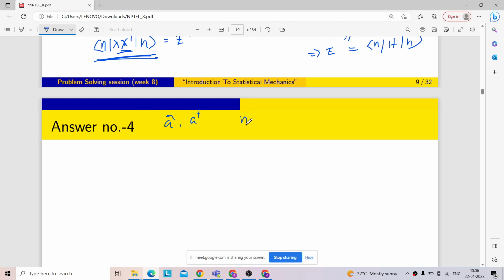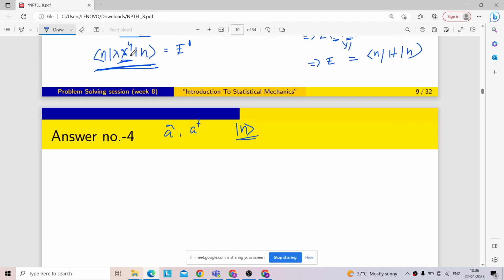And I have a state here as |n>, so it will be easier if I convert this position operator into creation and annihilation operators. So the position x can be written as 1 over root of 2m omega times (a plus a dagger). This is the position operator in terms of creation and annihilation operators.